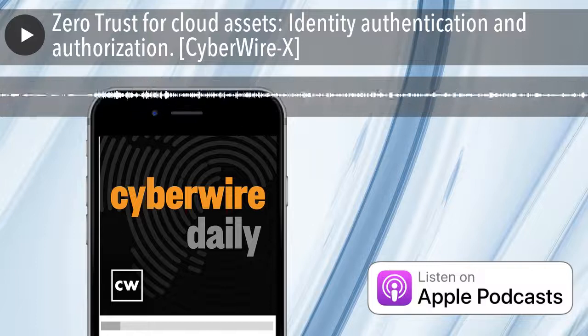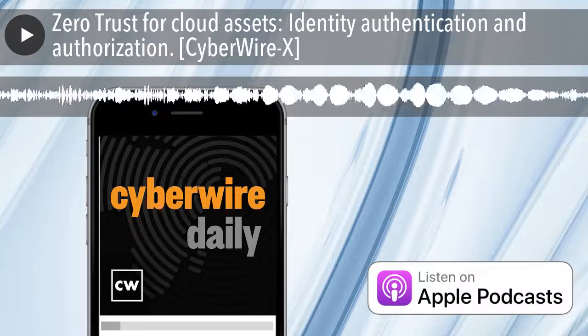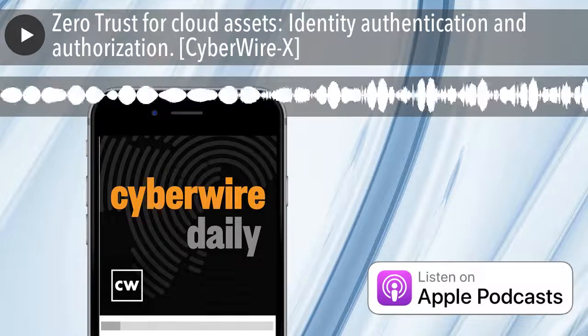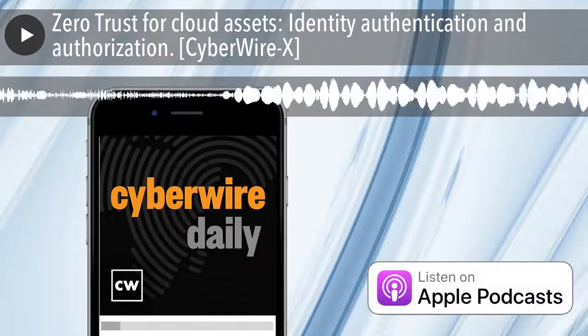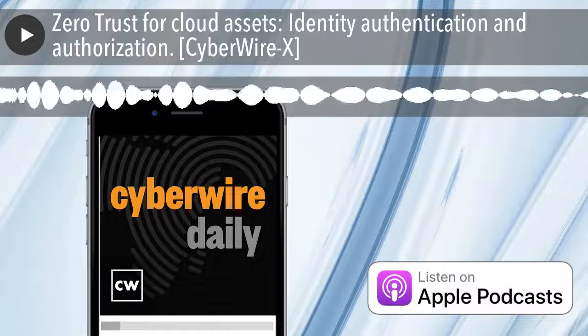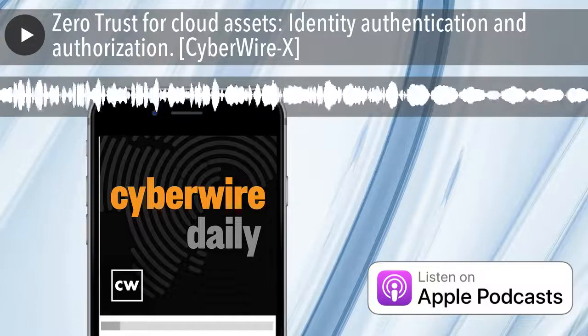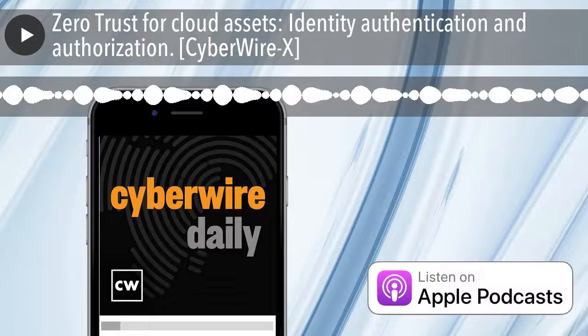Is there a different approach to do zero trust in the cloud versus back on-prem, or is it basically the same? I think the goal is the same goal. Definitely. You want to get to a point where you can make sure that every specific identity in the cloud, human or not, can do exactly what you expect that particular identity to do.